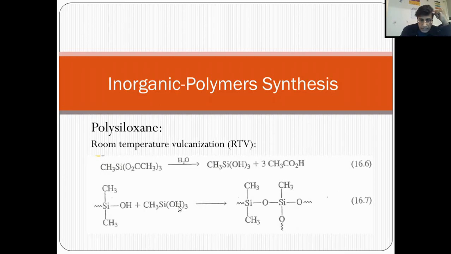So OH from here and H is gone, so the Si is connected with the O. This is the Si of the cross-linking precursor, and what remains on it is CH3 and 2 OH groups, one here and one here, and this will do the same. And you don't need to show all the cross-linking, just show it this way. This will be a continuation and this will be a continuation with another chain, and that's how cross-linking takes place, and your silicone becomes harder.